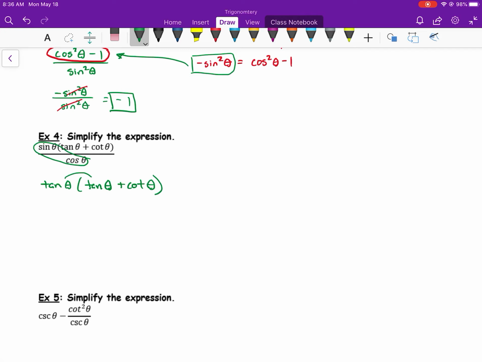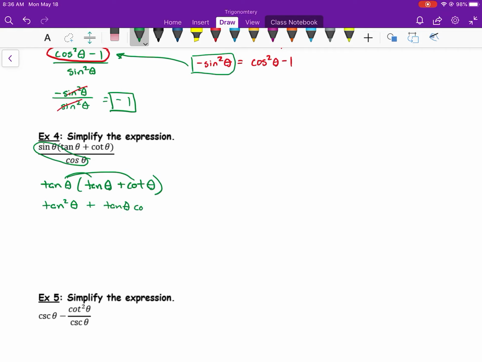Okay, so if I FOIL this out, I get tangent squared of theta plus tangent theta cotangent theta. Now this really looks like this over here.